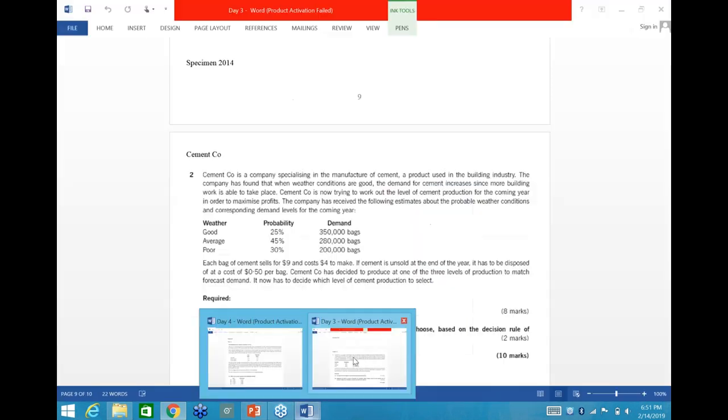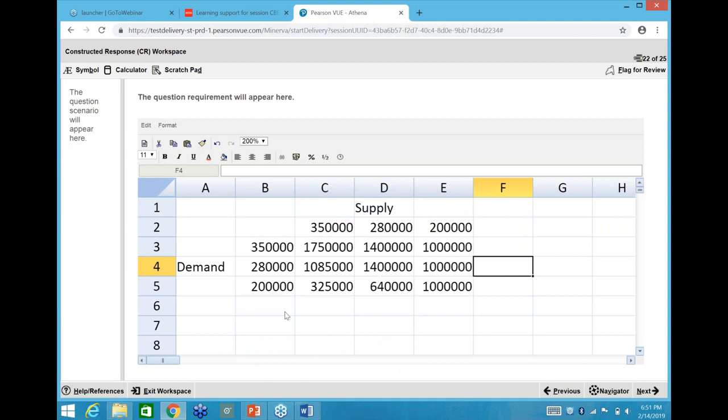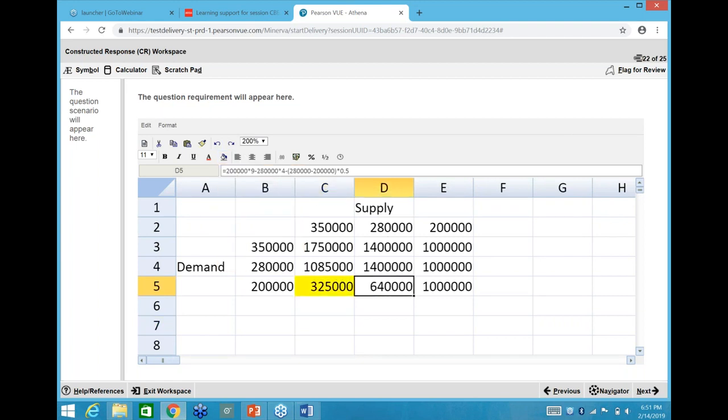And then they ask you, what if I go with maximin? So like what I said just now, maximin, pick the lowest based on my controllable factor, which is supply. So the lowest is 325, pick the lowest 640, and pick the lowest.